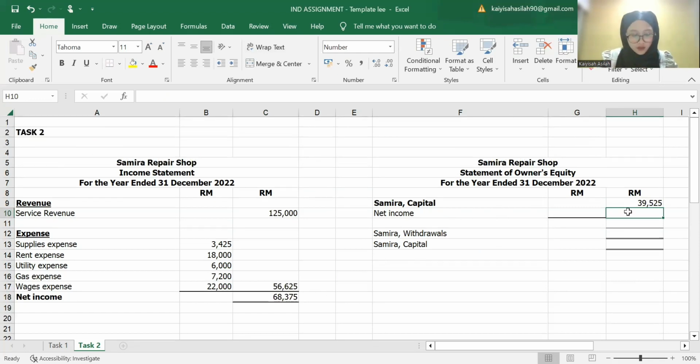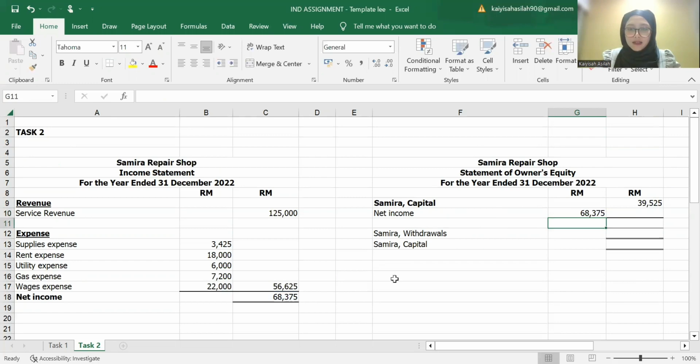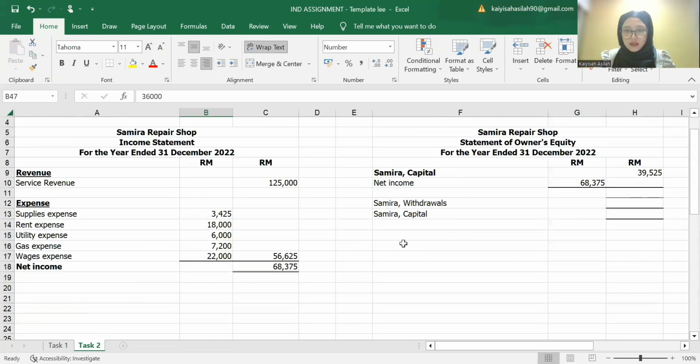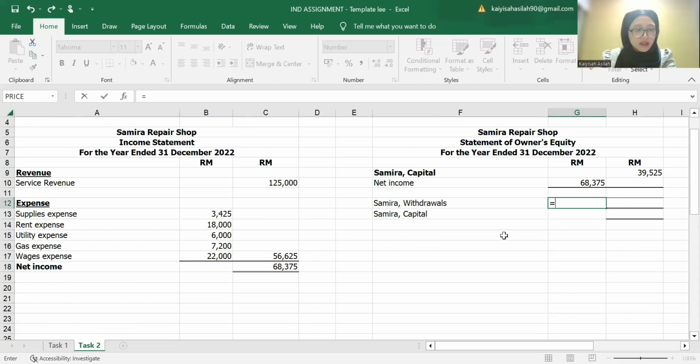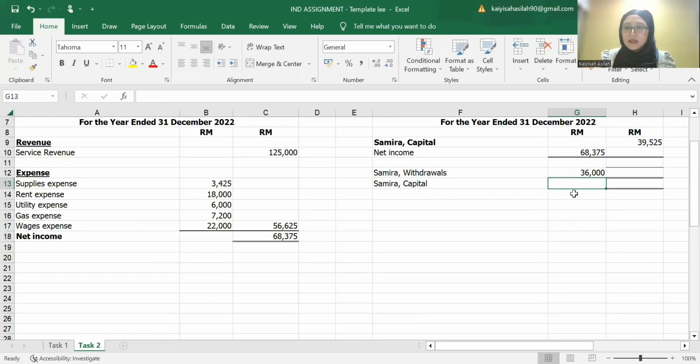Go to the debit, plus net income. And then Samira withdrawal. Look at the given data. Withdrawal 36,000. Samira withdrawal will go to the debit section. Enter.